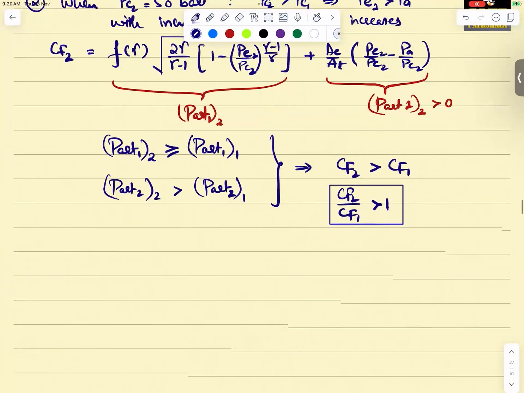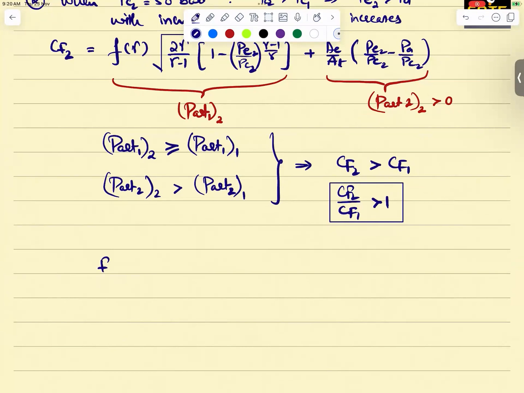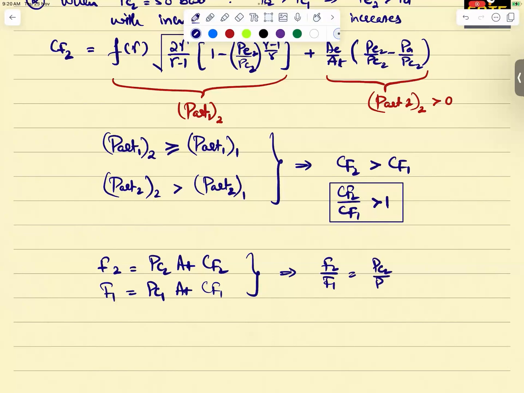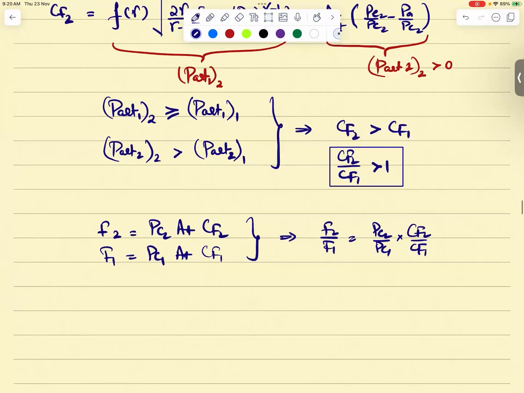Now let's see further. Moreover, we know that F2 can be written as PC2 AT into CF2, and F1 can be written as PC1 AT into CF1. From these two, I can write F2 by F1 equals PC2 by PC1, AT will get cancelled, into CF2 by CF1. What is PC2 by PC1?